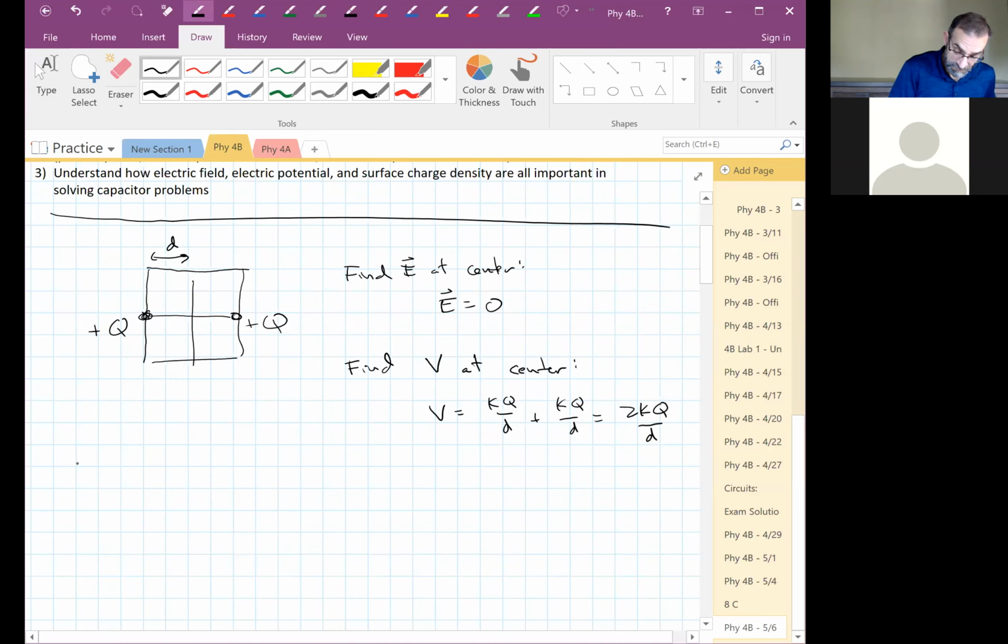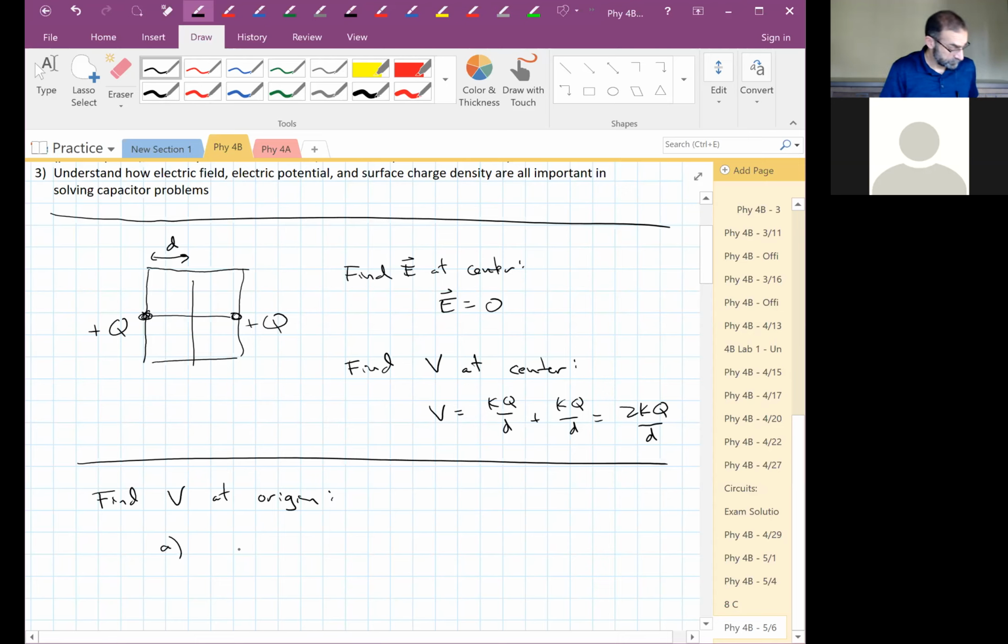Okay, let's do this one. Okay, we'll start with the easy one. I guess I should tell you here, if V equals 0 at r equals infinity.